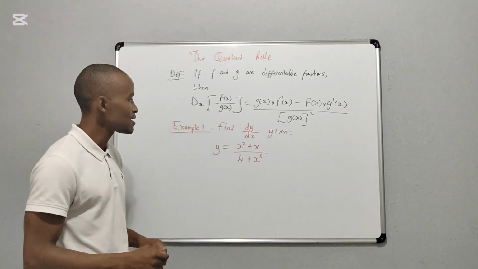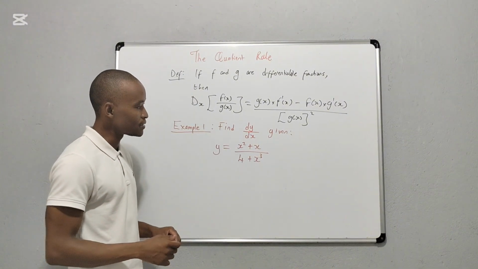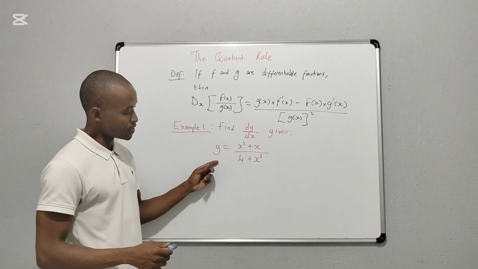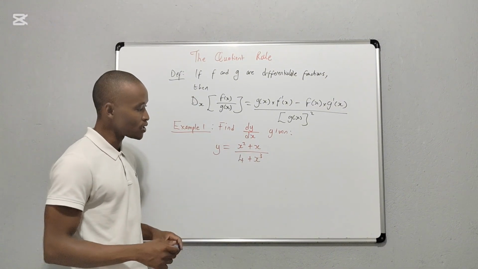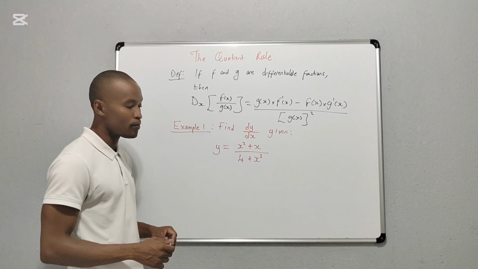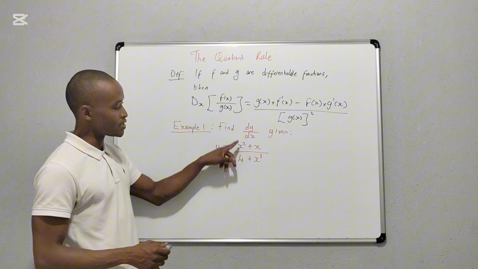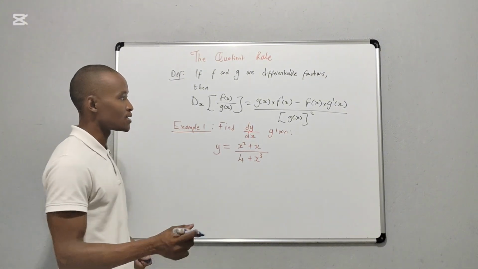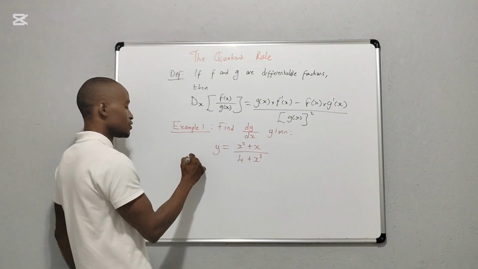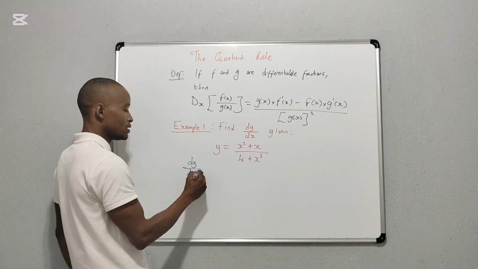Right, so this is the example. We're asked to find dy over dx for this function y is equal to x squared plus x over 4 plus x cubed. Right, so our f is given there and our g is given there. So we're going to directly apply the rule itself to find dy over dx.